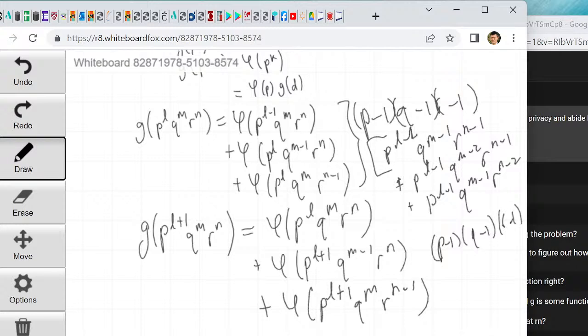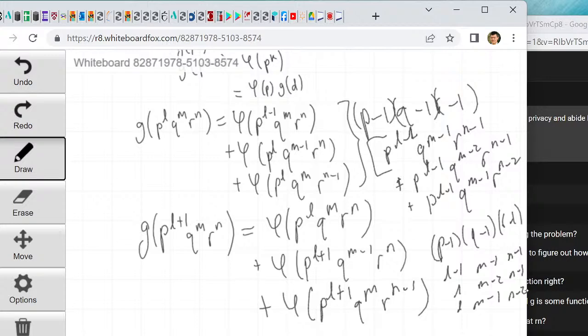And I'll just write the powers now. I'm not going to write the p's and q's. So it's l minus 1, m minus 1, n minus 1, and so on. So you can see all the terms are the same. It's just the p to the l.